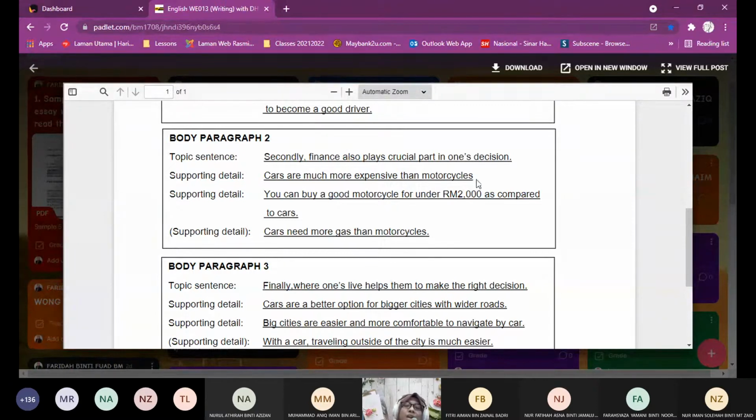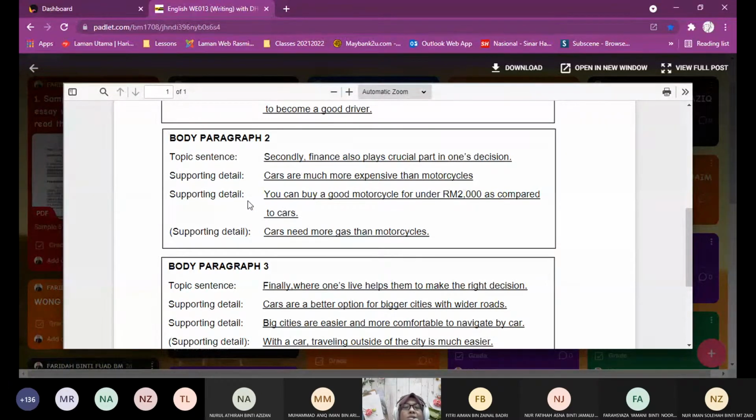Then you give examples in this paragraph. You can even give very real prices of a car as compared to a motorcycle. I mean the normal motorcycle. We are not comparing cars with very big motorcycles, because that one can cost, at a certain point, as much as a car. We're talking about the normal motorcycle.